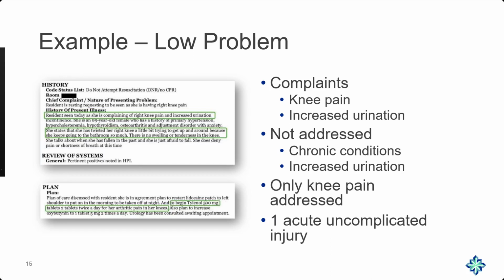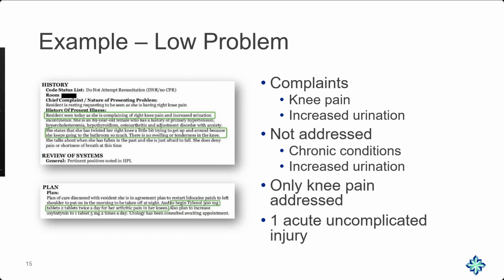So that is going to be the level of problem. What they did address, as I said, they have some chronic conditions. They did not address those. They also didn't really address the increased urination, and I'll get to that in a second. They really only addressed the knee pain in this, so that would count as one acute uncomplicated injury.